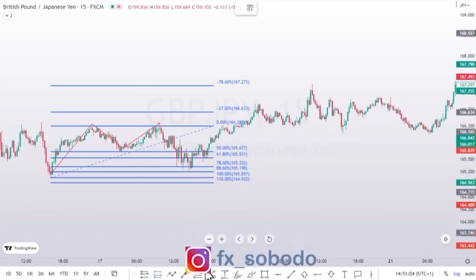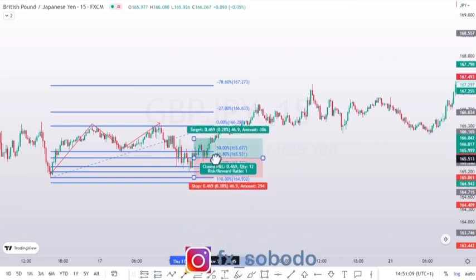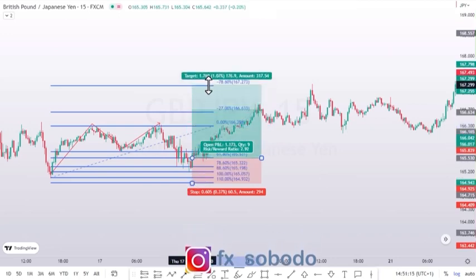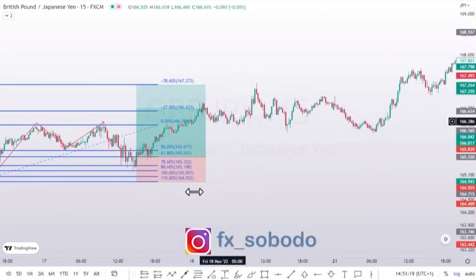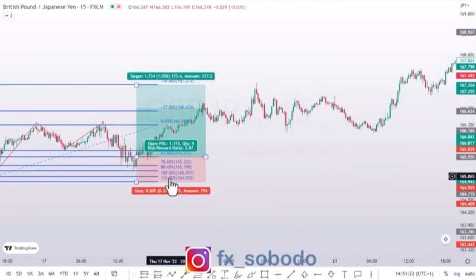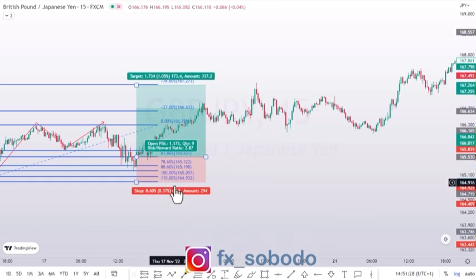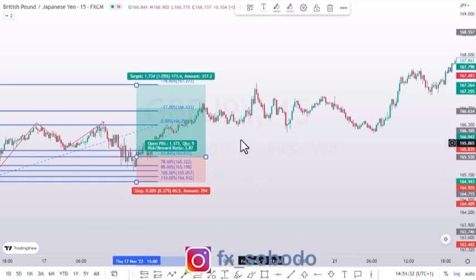Price came back to, let's say you enter at 61, because at 61 we already have our confirmation, and our stop loss is at this level. Our target is right there. So here you have 600 points. Whatsoever amount of money you are risking divided by 600 points, the answer is your position size.